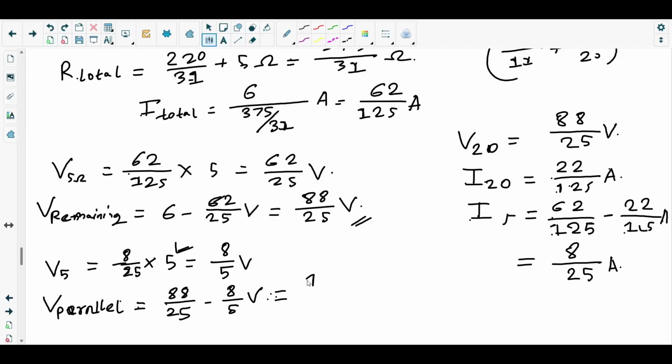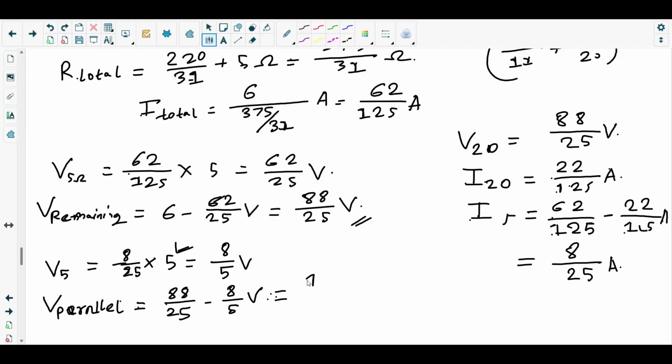Now we need the current. Okay, so current I equals V over R. So 48 over 25 over the resistance, for the load resistor it is how much? It is 10 ohm. So 48 over 25 divided by 10 would give you 24 over 125 amps.